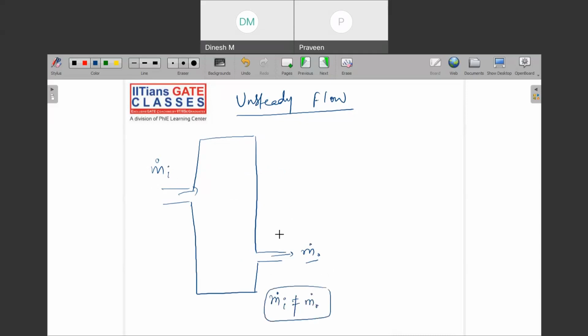So we can see that with respect to time, there are so many things which have become dependent on time.